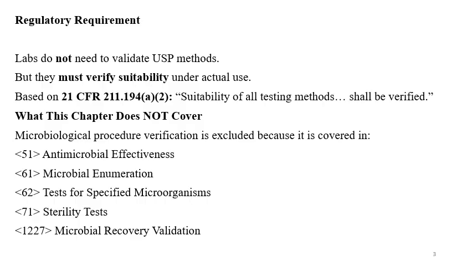Chapters 51, 61, 62, 71 and 1227 are for microbiological procedures. Chapter 51 is for antimicrobial effectiveness, 61 is for microbial enumeration, 62 is for tests for specified microorganisms, 71 is for sterility tests, and 1227 is for microbial recovery validation.